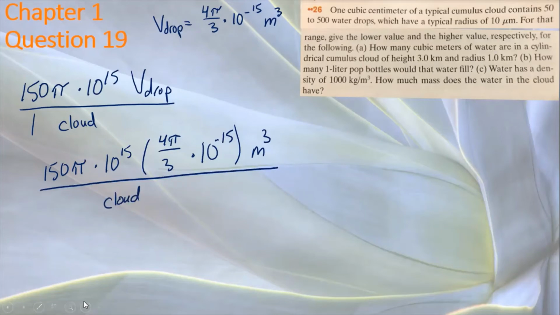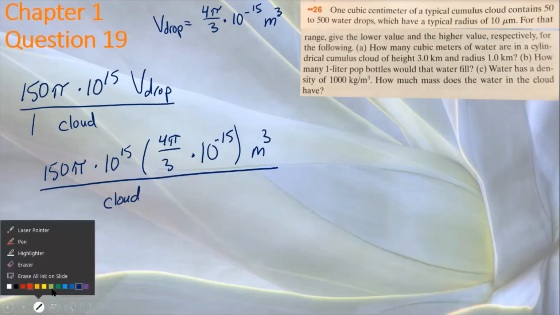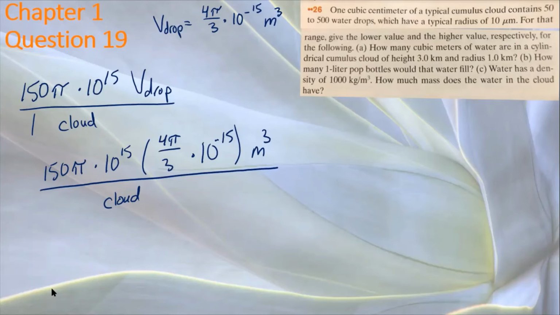So we can see here that the 10 to the 15 will cancel out with 10 to the minus 15, and 150 divided by 3 is 50. 50 times 4 is 200, so we're going to have 200 pi meters cubed per cloud.